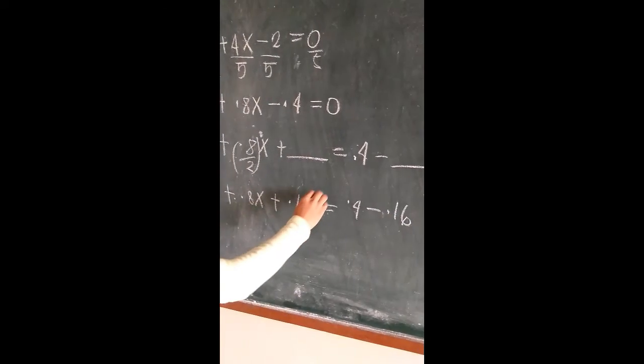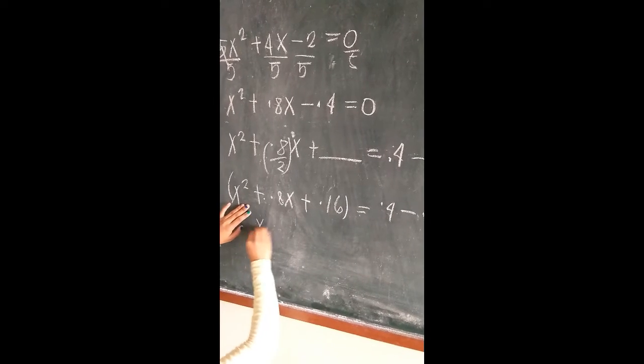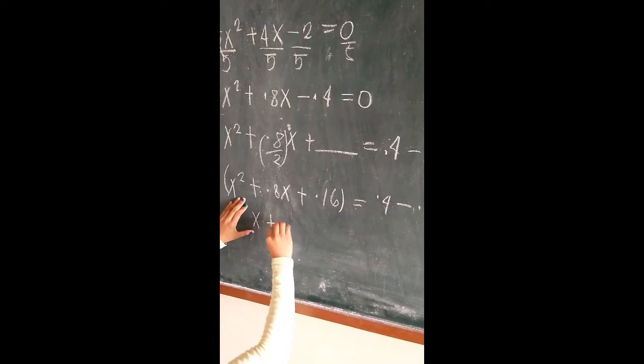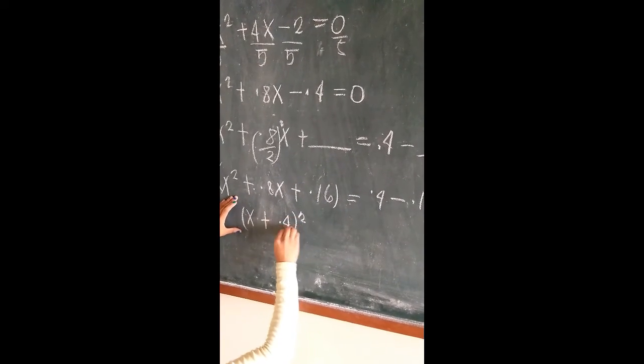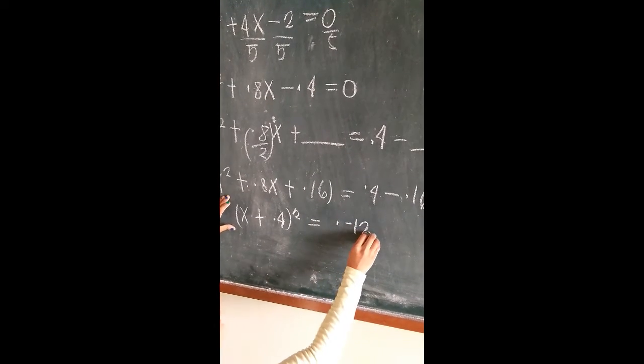And then we need to factor this out. In factoring this out, we have x plus the square root of 0.16, which is 0.4, squared. So it is equal now to negative 12.